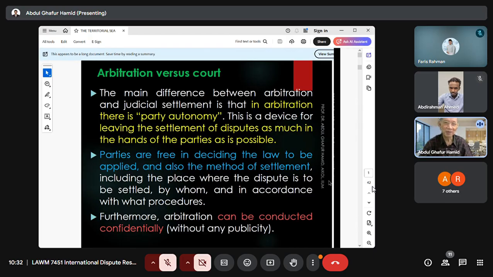If it's a trade dispute, the parties may choose arbitrators who are trade law experts, sale of goods law experts, territorial dispute experts, something like that. So there is speciality in arbitration, but in court there is generality only. The judges may or may not know about the specialty of the subject matter. That is also another difference between arbitration and court. Any question?